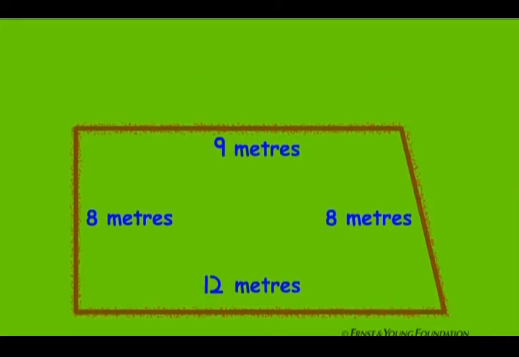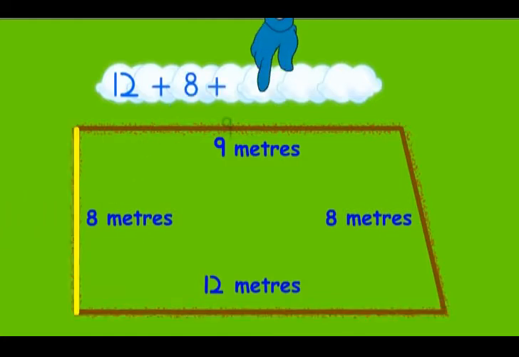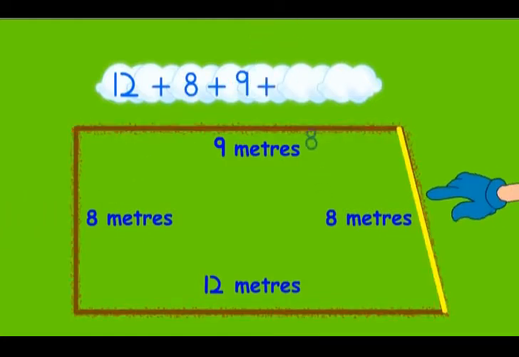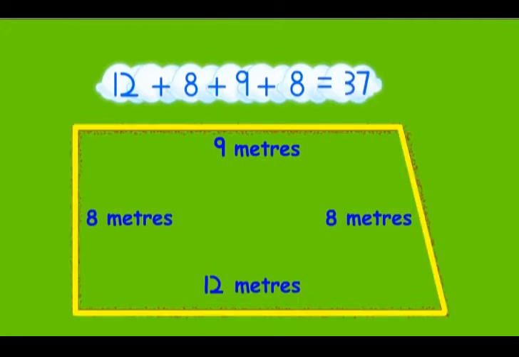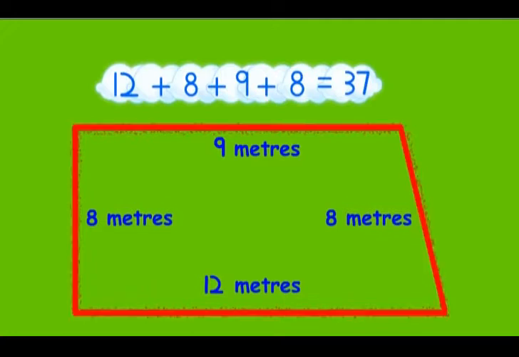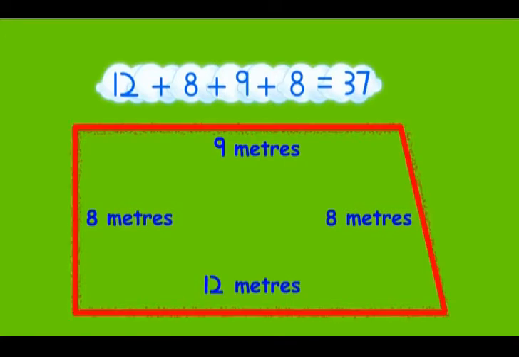Let me find out the length of the boundary, Meenu. It is 12 plus 8 plus 9 plus 8, which is 37. So, the length of the boundary is 37 meters.